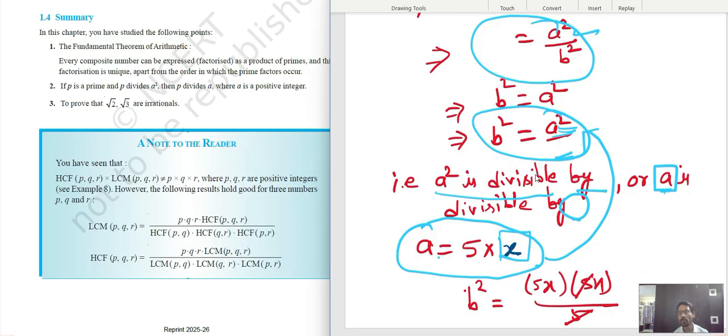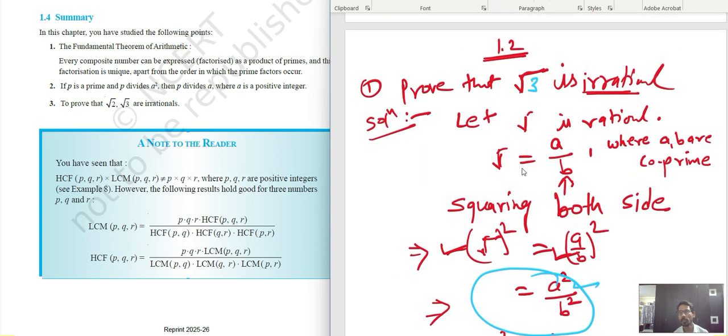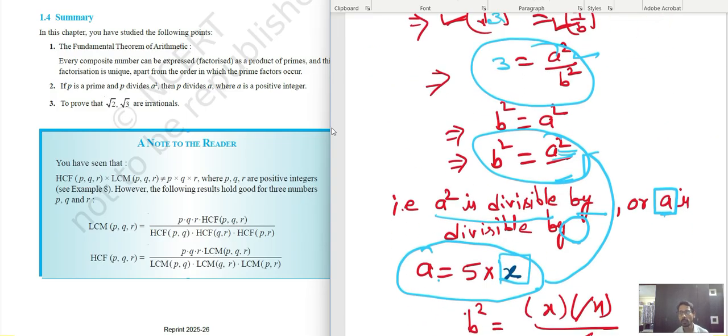Instead of that, what do we have to write? We have to write 3, because in the question 3 is mentioned. 3 here, 3 here also, 3 here also, by 3, 3.